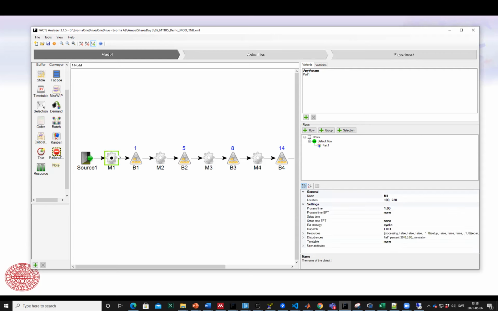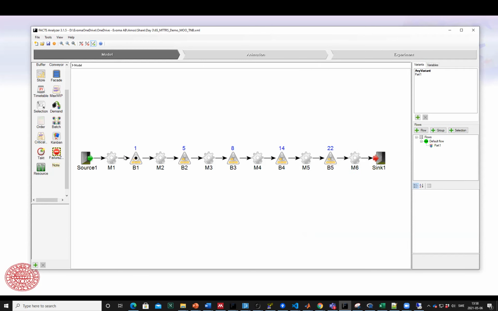Imagine you don't have any availability issues and every one of the stations has the same processing time. Then what you get is something we call a well-synchronized line, closer to what industry calls a transfer line, and in this case you don't really need the buffer.